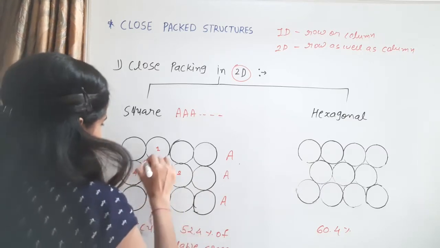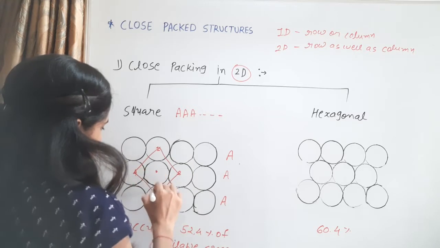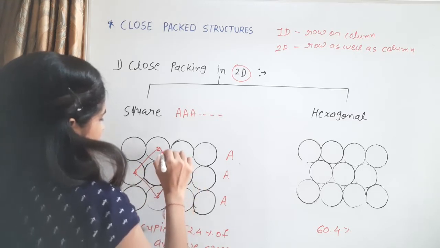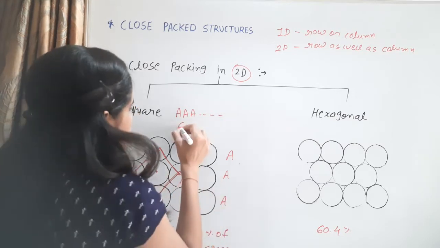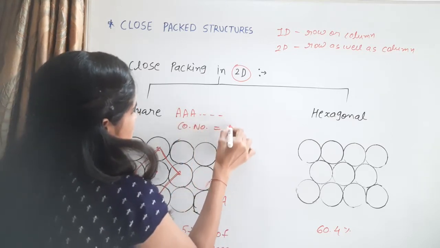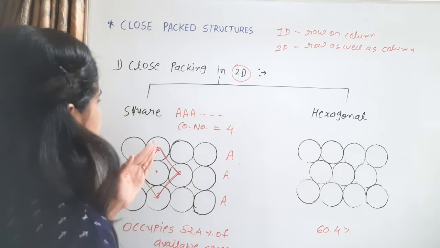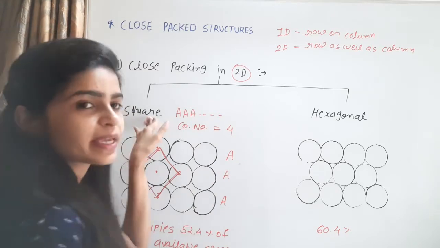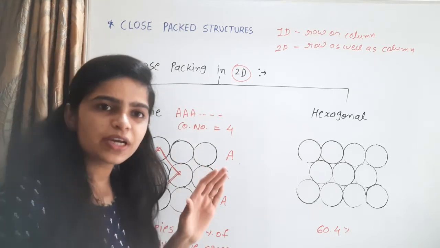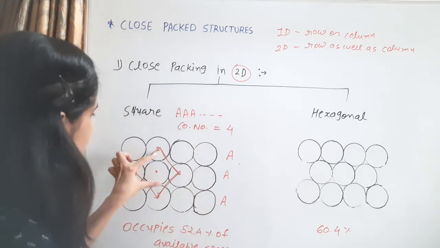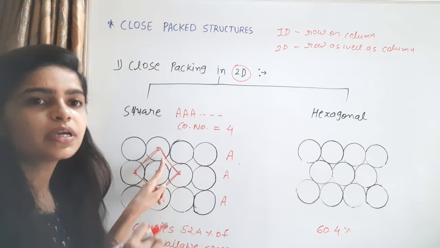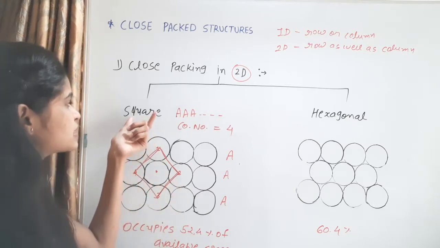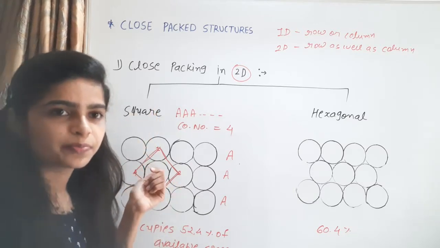So in this close packing, there are 4 nearest neighboring atoms, so its coordination number is 4. Why is this known as square close packing? Because in this arrangement of atoms, the shape formed by the nearest neighboring atoms is a square.